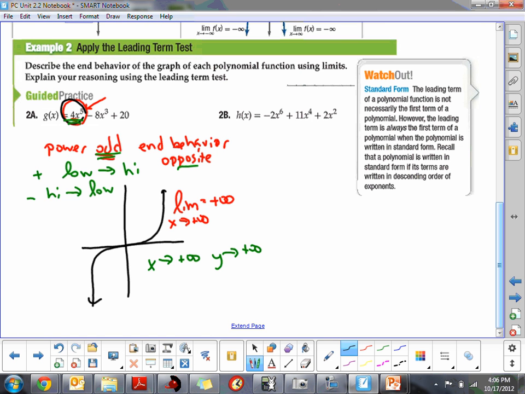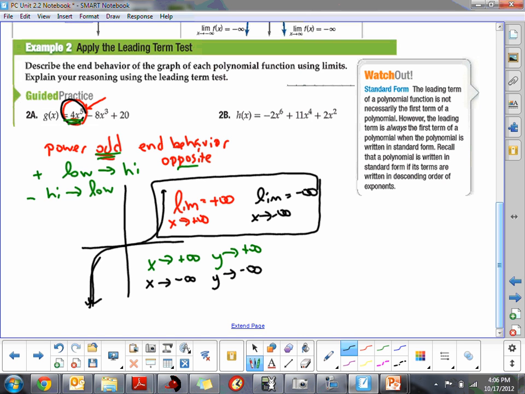Then they want us to use this same limit idea on the other side. If x is approaching negative infinity, then y is falling and getting more and more negative, approaching negative infinity. So using this limit concept, we would say that the limit as x approaches negative infinity equals negative infinity. So this is what they're asking us to do with end behavior.